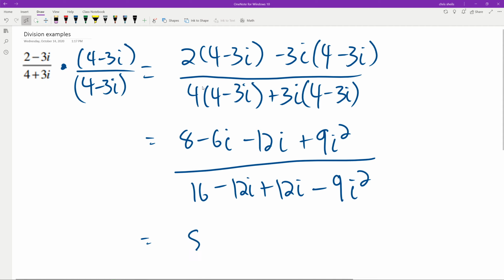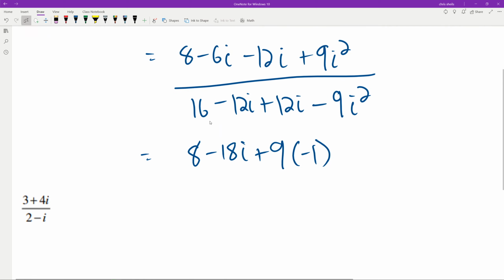Let's see, this is 8 minus 18i plus 9 times negative 1 over 16, the i's cancel in the middle, right? Minus 9 times negative 1. This is 8 plus 9 times negative 1, which is 8 minus 9.